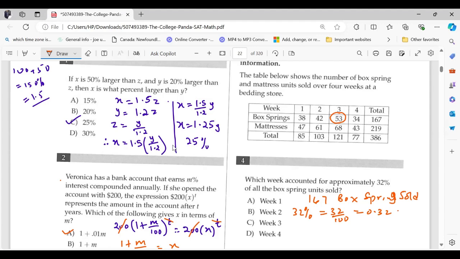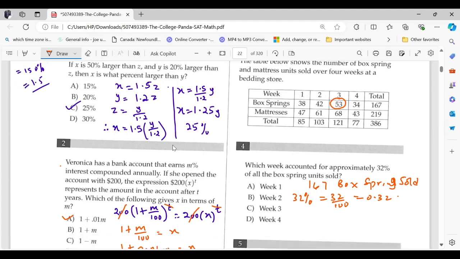Okay, but let's look at the solution. Because this 53 is the closest, you take 53 all over 167 times 100%.